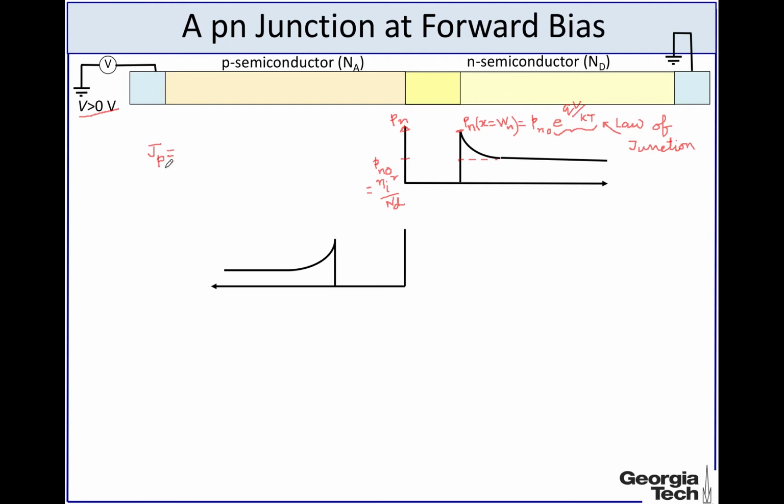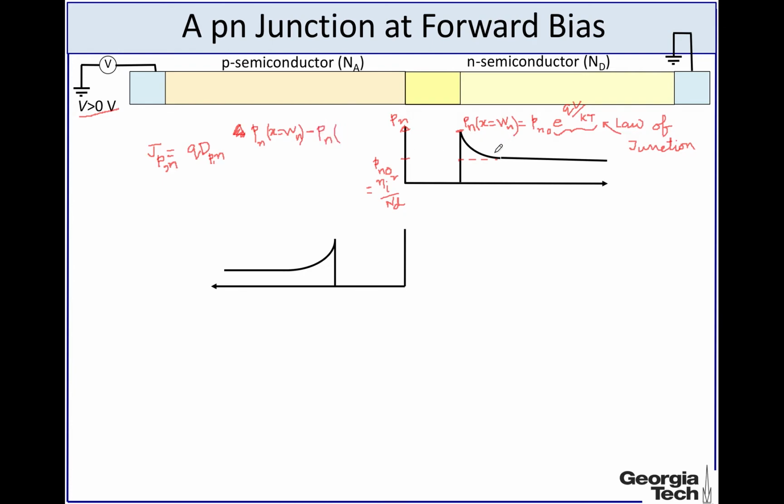We will say Jp, the current due to the holes injected into the n side, is equal to q Dp, the diffusion coefficient for the holes in the n side, multiplied by delta p. Now what is delta p? Delta p is simply Pn at x equals Wn minus Pn0.